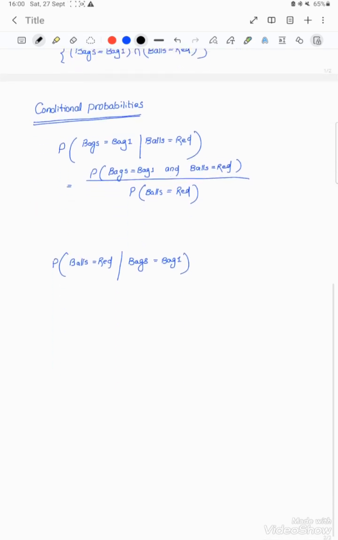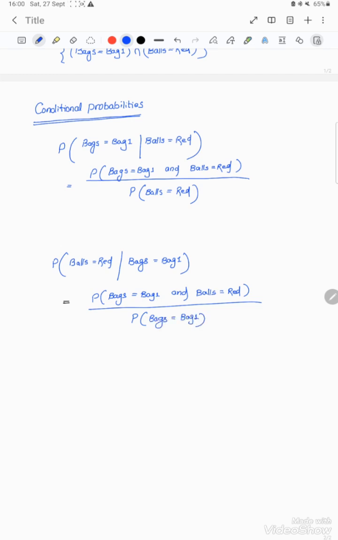Similarly, if we write the second one, it is the probability of bags equal to bag 1 and balls equal to red, divided by the probability that bags equal to bag 1.